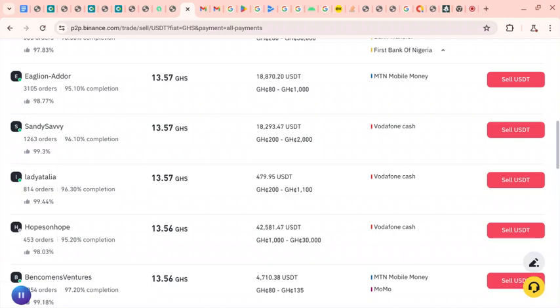If you're new to cryptocurrency and you want to start your P2P arbitrage, you can just say that I want to buy the USDT or the cryptocurrency right now, so that some days to come, you see that it will shoot up for you to get enough profit from it.